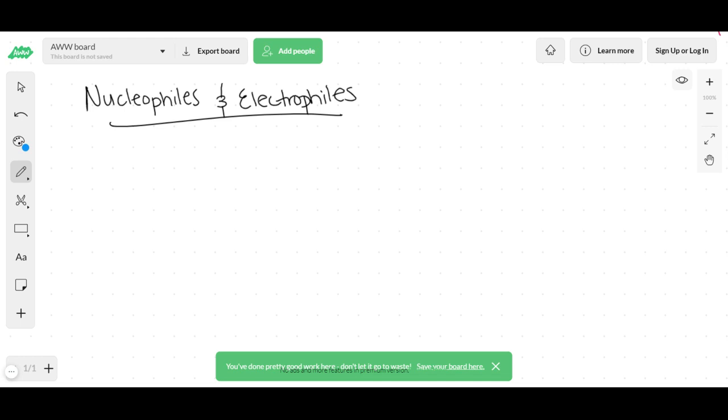That's why they take them. Electrophiles are usually going to be those molecules with a positive charge, or those that are positively polarized.